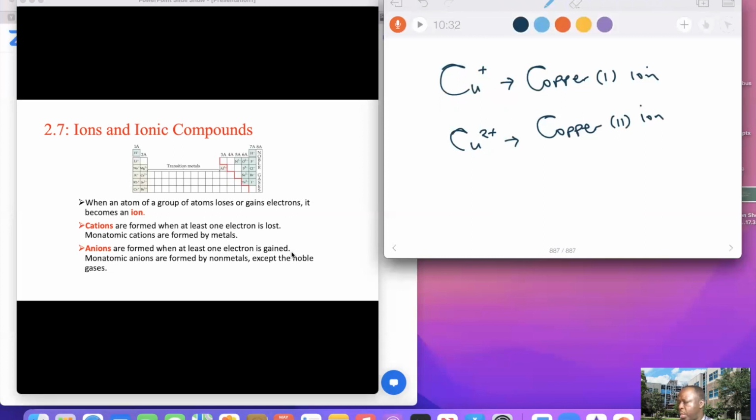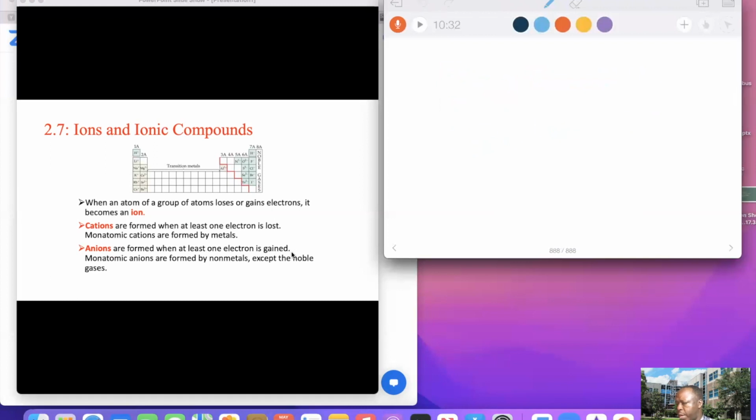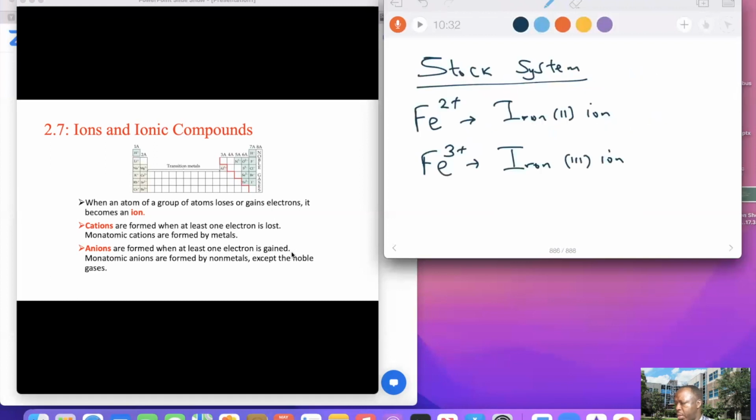Now, there is the old way of naming them. Here, this is the one with less charge, we call it ferrous. And then this one is ferric, using OUS and IC.